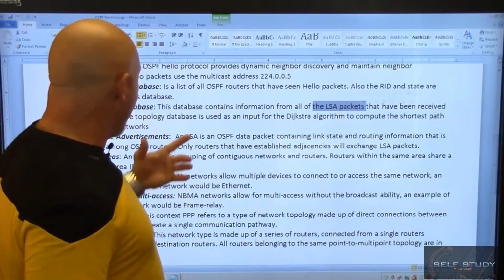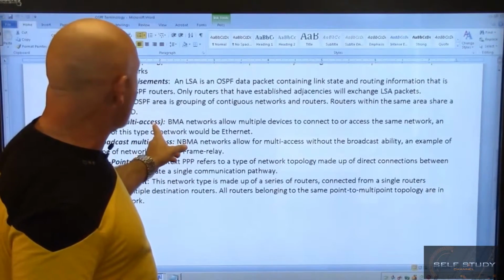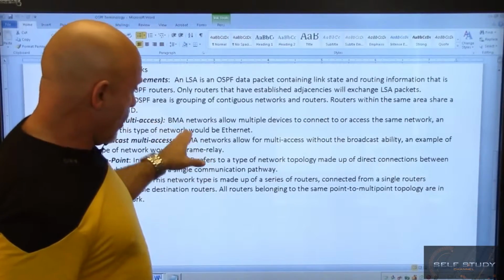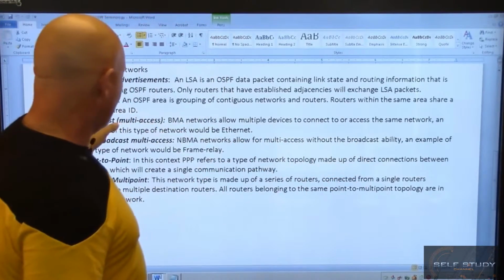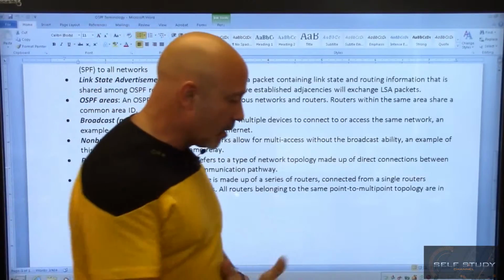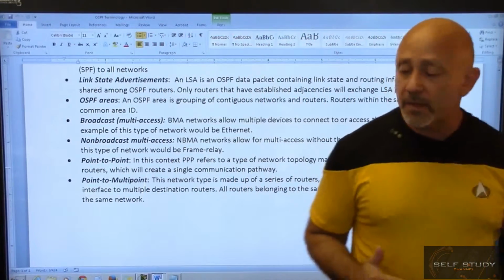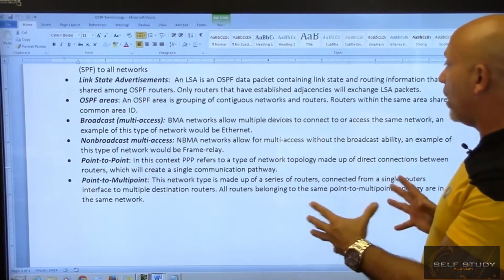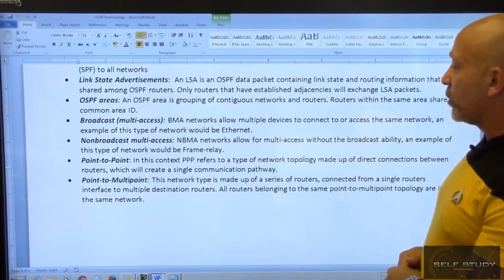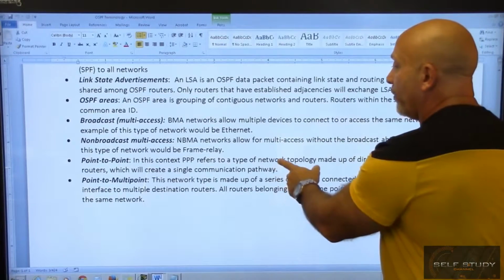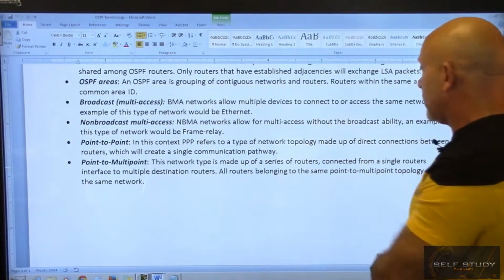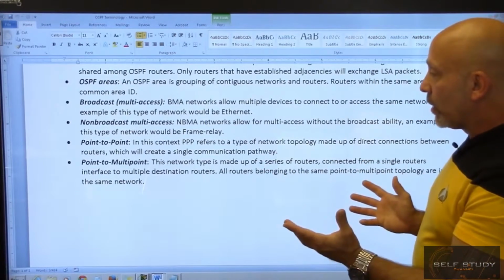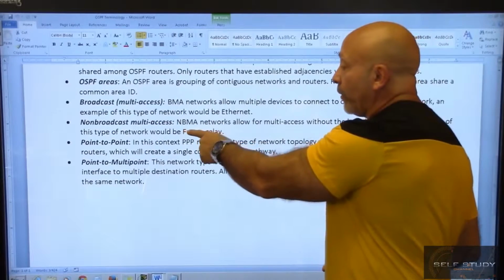I just showed you a broadcast multi-access network, which is a network with multiple devices connected to one medium, just like Ethernet. Then there are OSPF areas, contiguous areas. In our scenario, we only have one area that we have to be concerned with. And then you have point-to-point or point-to-multipoint topologies. Non-broadcast can also be frame relay.